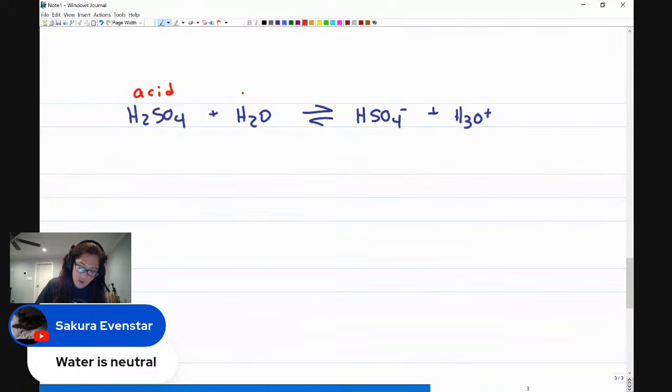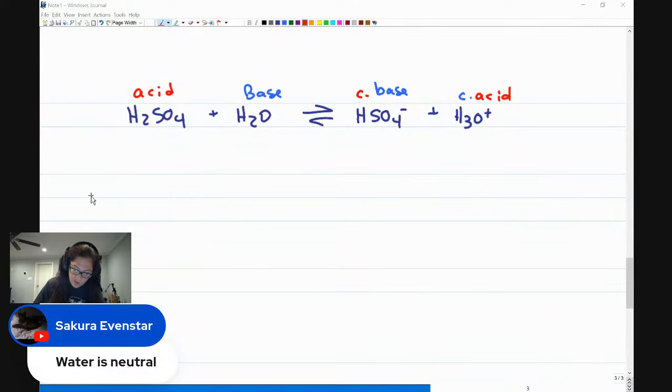That means that water in this case has to be the base. And when the H2SO4 loses a proton, it's going to form a conjugate base. And when the H2O accepts a proton, it forms the conjugate acid. So in this reaction, water, neutral water, is acting as a base.